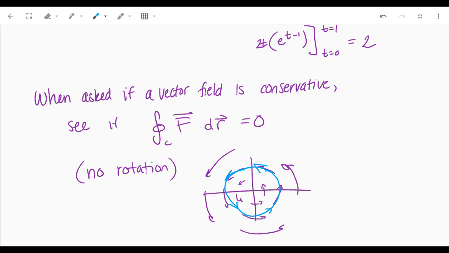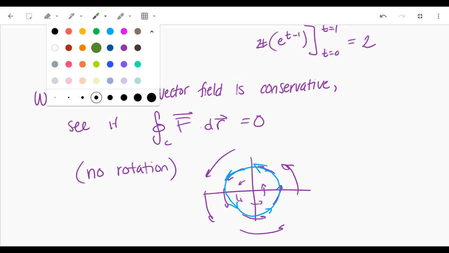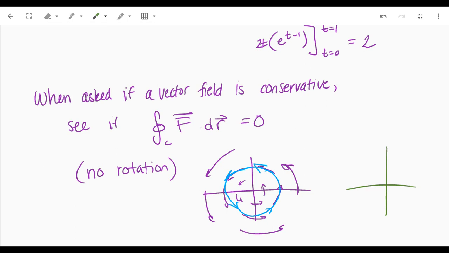All right, we have a different vector field that goes like, I'm trying to do kind of the one that's in the book for this one too.